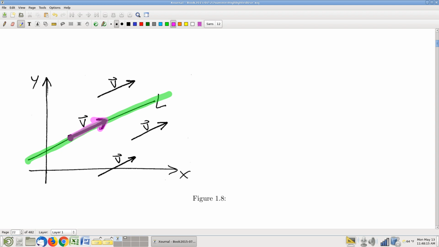A lot of people would say, oh, V is in the line L. And the temptation to say V is in the line L is because, well, look at it. There it is. Tail right there in the line. The head right there in the line. The whole shaft right there in the line. Right? Very tempting to say V is in the line L.